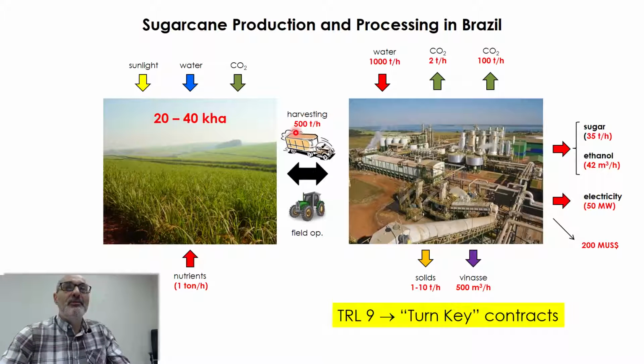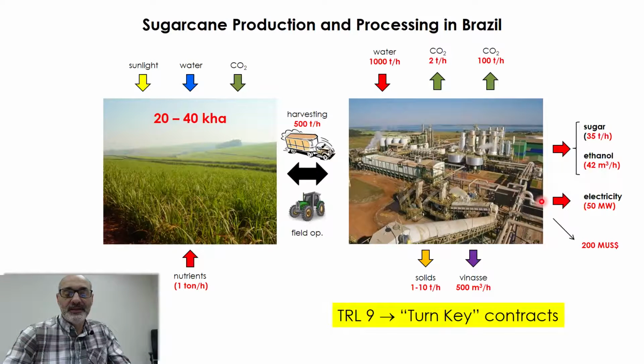When you process this amount of biomass, I mean at this rate, okay, you're able to produce 35 tons per hour of sugar or 42 cubic meters per hour of ethanol, okay, from the sugarcane juice.